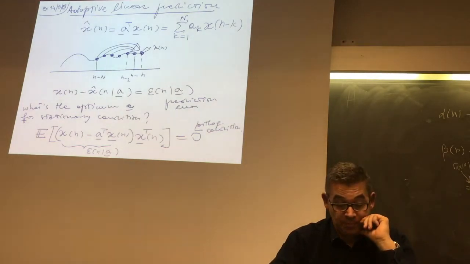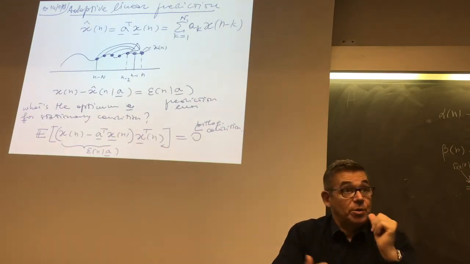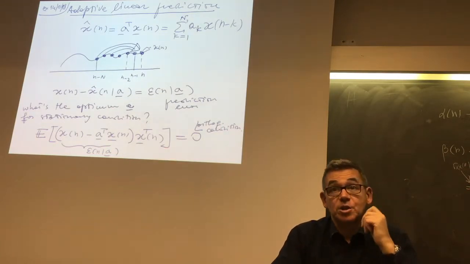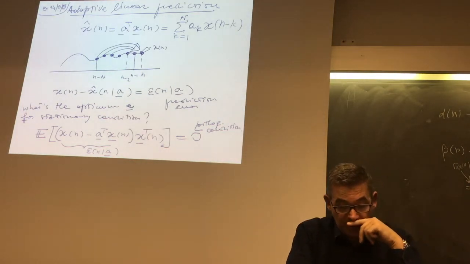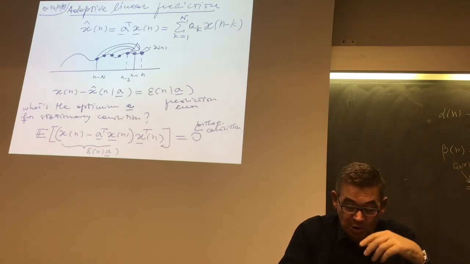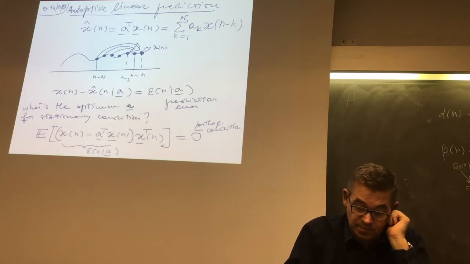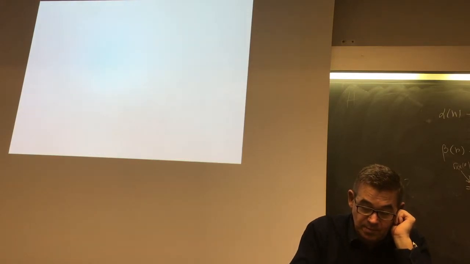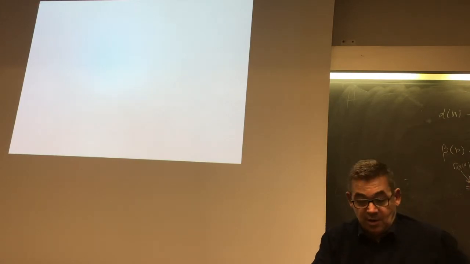Okay. Now, let's compute it. Let's see what is the shape of the optimum predictor. So I include a new page in order to continue the computation. I recopy the equation.